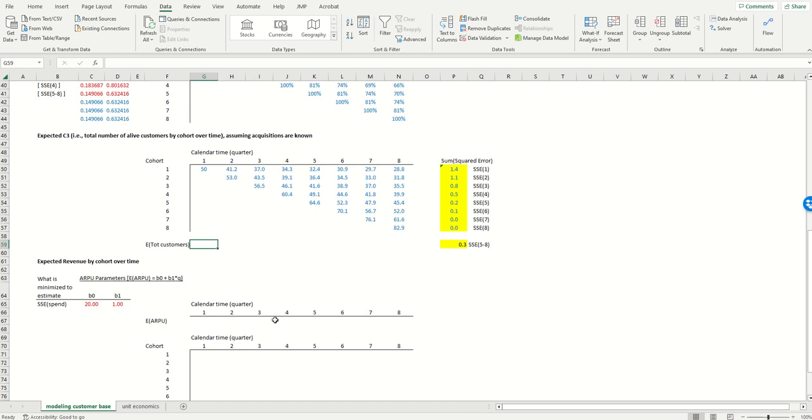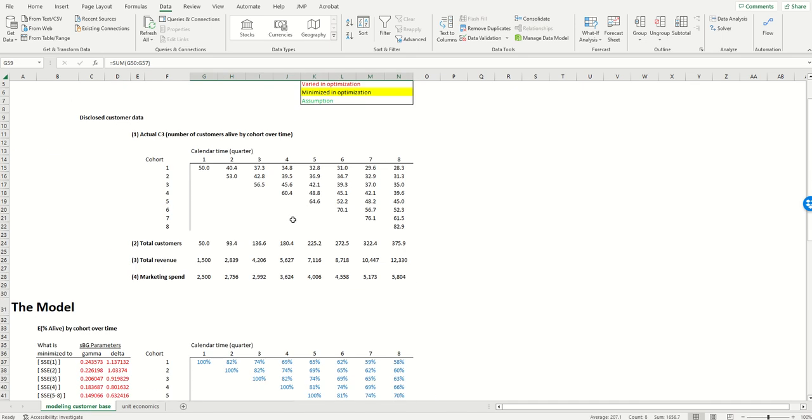Now one thing that we can do, just to see how well the fit is, is get the total number of expected customers that are alive at different points in time. We know that the number of customers alive at any point in time must be the sum of the customers who are alive at that point in time across the different cohorts. That's all that we're doing here.